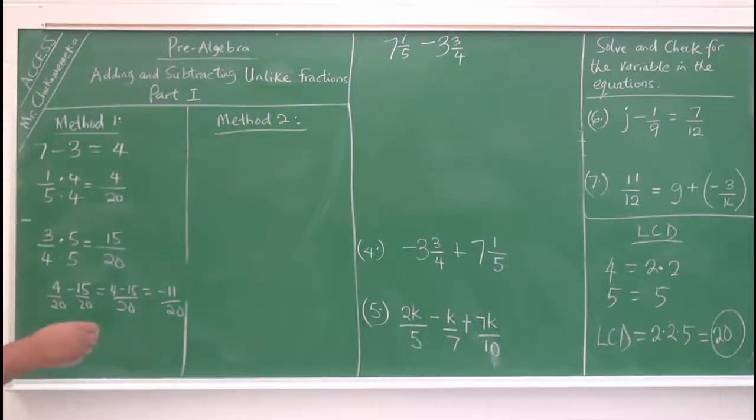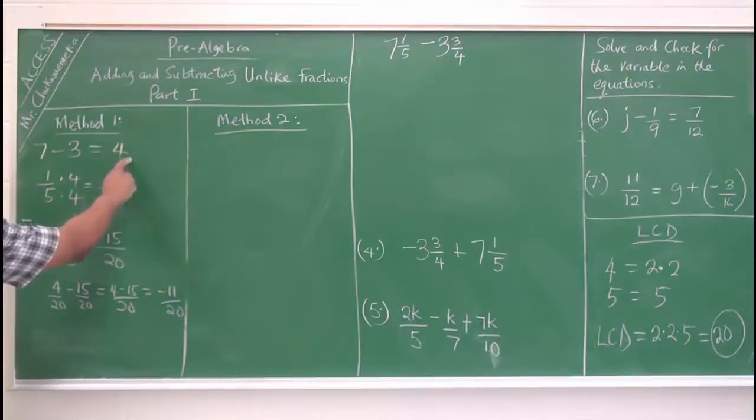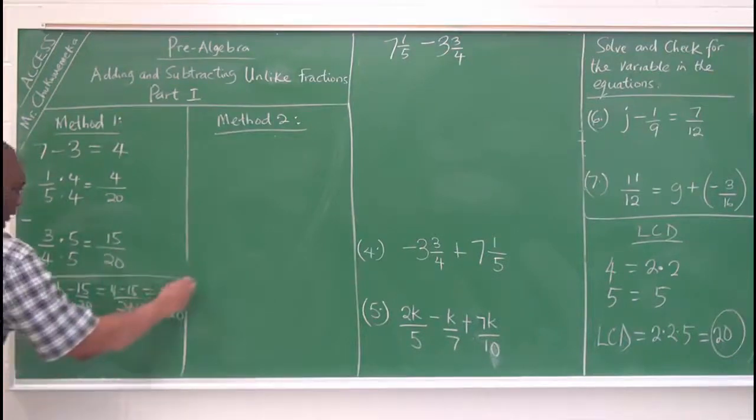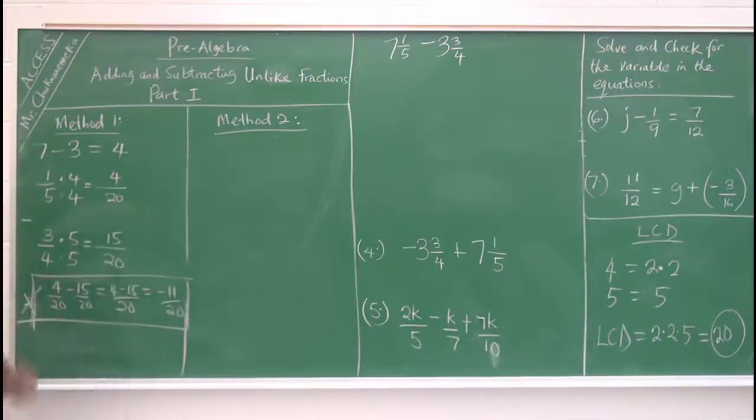What we're going to do now is, we take 1 from this 4. Okay? So what do we do now? We take 1 from this 7, because this is a problem here. So we take 1 from this 7, add it to 1 out of 5.